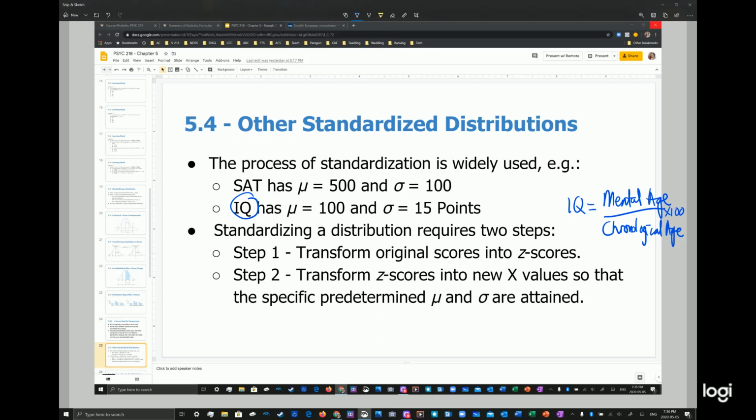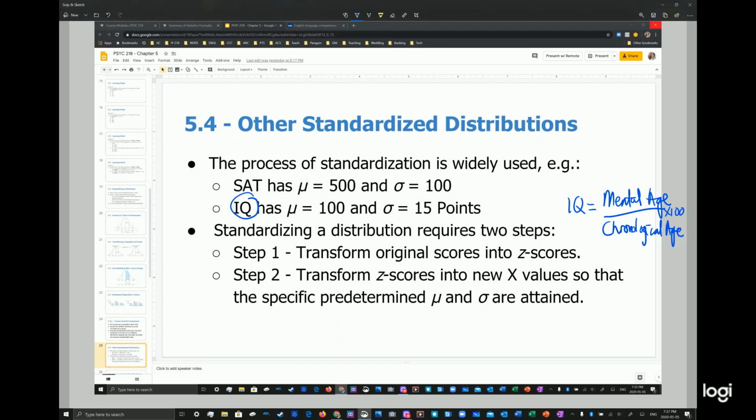But once you take the test, you can transform IQ scores back into z-scores. Here, 1 times 100 is 100, and then the standard deviation here is 15 points.